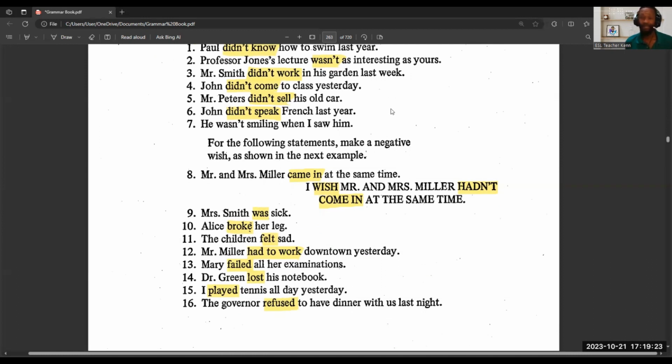John didn't speak French last year. I wish he had spoken French last year. He wasn't smiling when I saw him. I wish he had been smiling when I saw him.